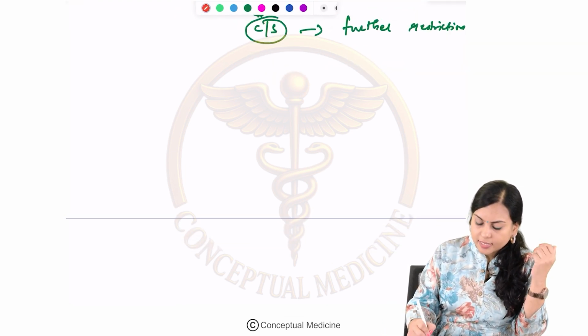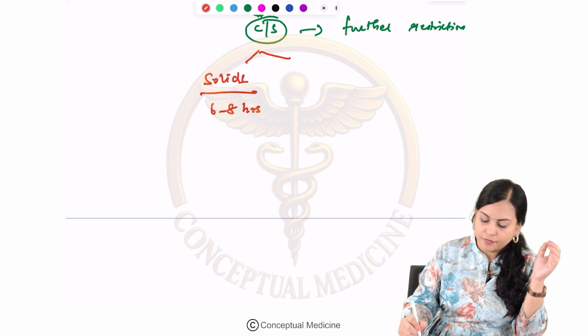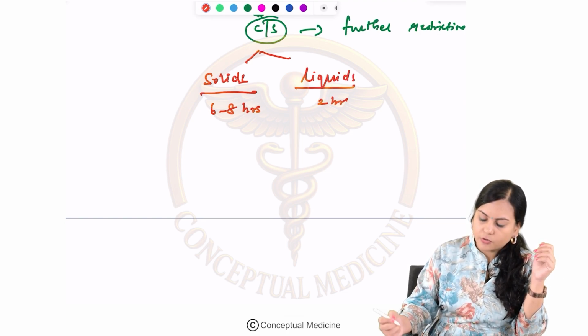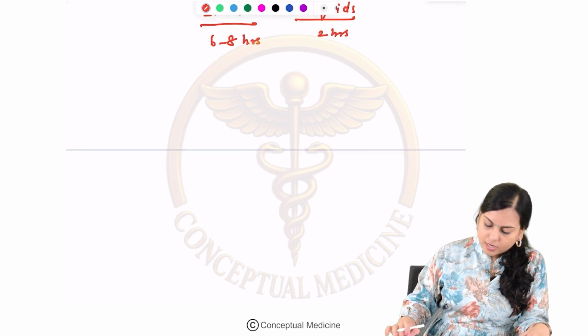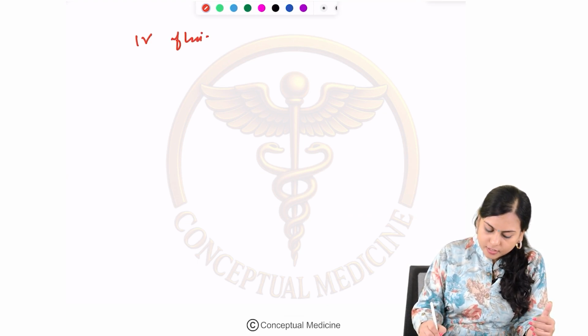So, when you are planning cesarean section, solids should ideally be stopped 6 to 8 hours before, and liquids should be stopped at least 2 hours before the planned time, okay. And another important management is about the IV fluids.